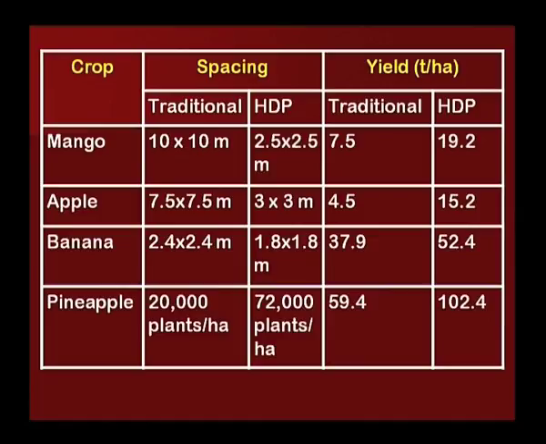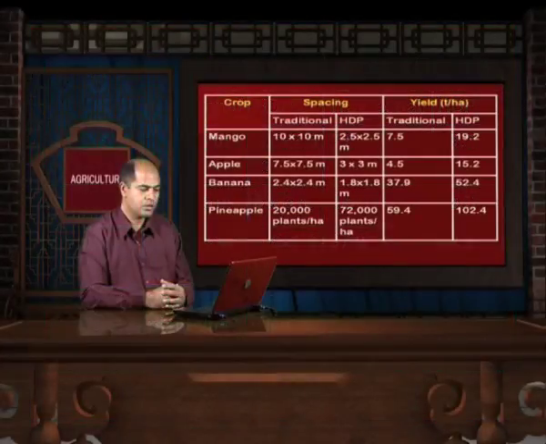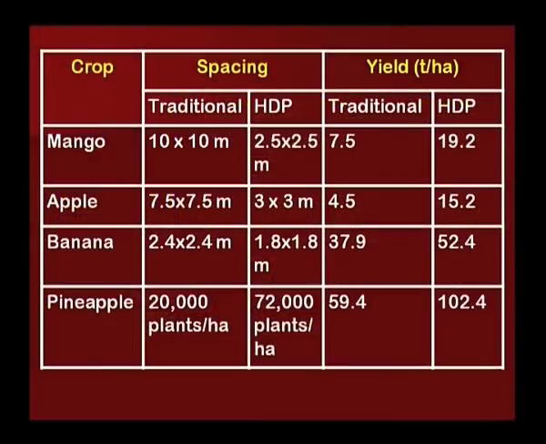the traditional yield is 7.5 tons per hectare of mango, whereas in high density planting the yield obtained was 19.2 tons per hectare. Similarly, in apple, the traditional spacing is 7.5 by 7.5 meter. In high density planting, it is 3 by 3 meter. The yield is 4.5 tons per hectare in traditional planting, and in high density planting it is 15.2 tons per hectare.